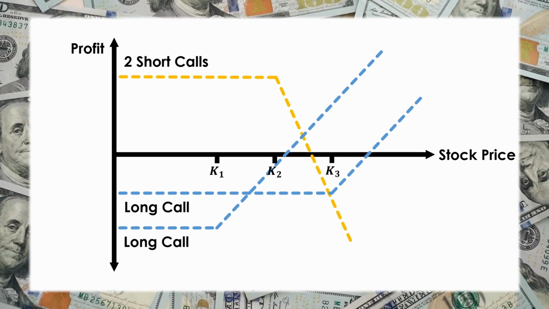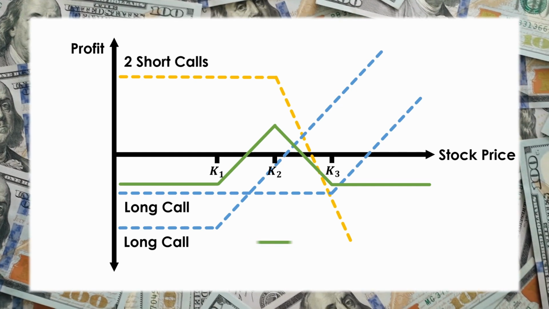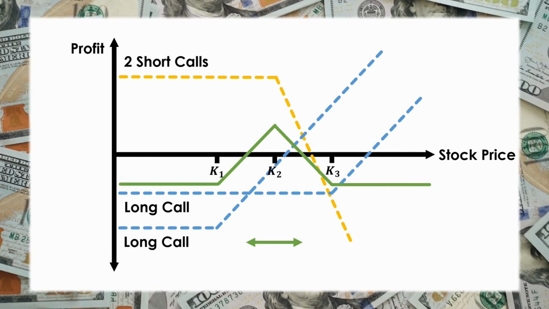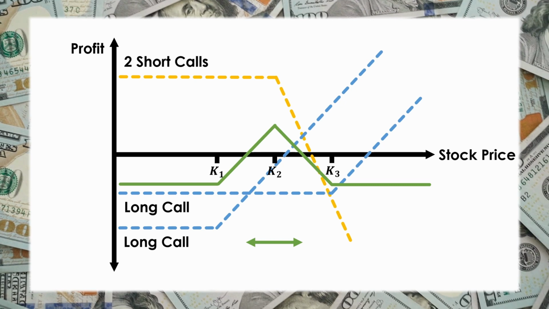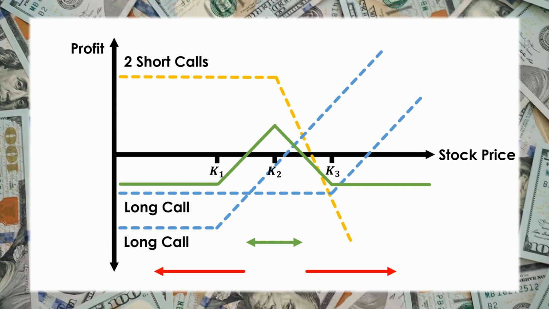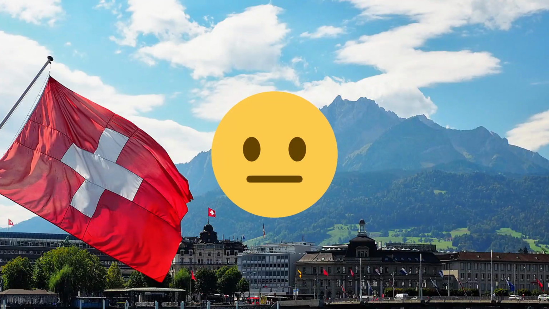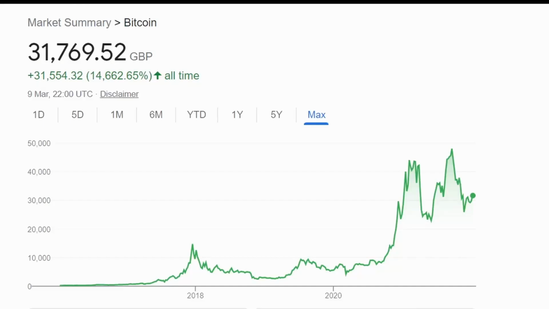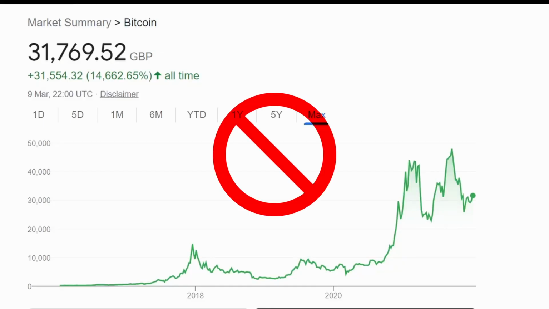This strategy is profitable if the stock price doesn't deviate significantly from its initial level, but leads to a small loss if the stock price moves strongly in either direction. Butterfly spreads are therefore great for an investor who has a neutral outlook and thinks large price fluctuations are unlikely.